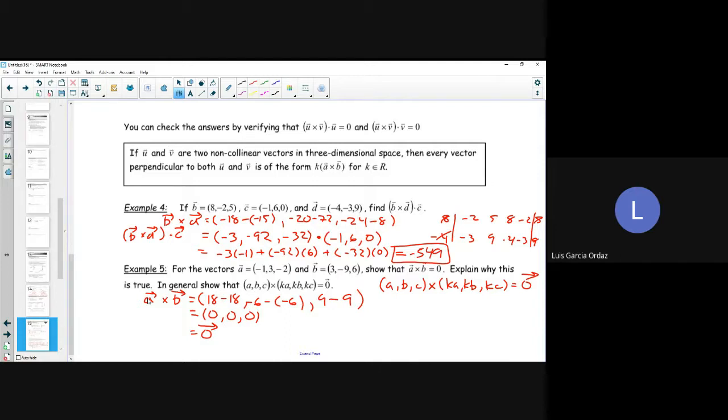So when I do my cross product and I set it up the way I usually set it up, with abc and abc on the top, and then ka, kb, kc. So remember, it's going to look something like this. So I got abc. And I got ka, kb, kc, ka, kb, kc.